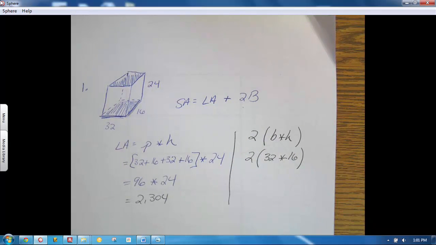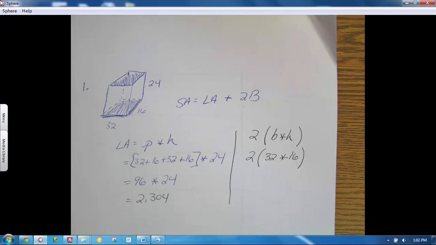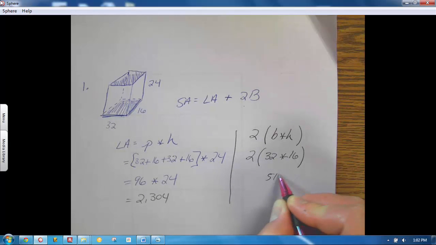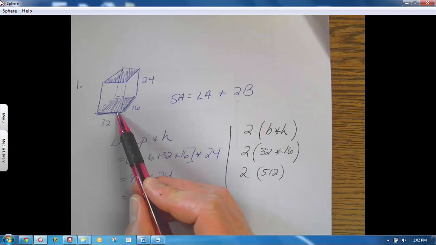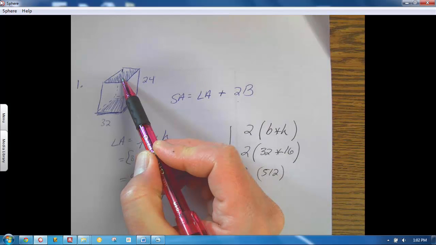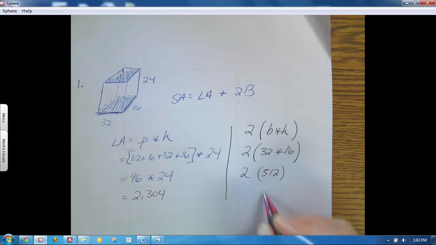And when we multiply all that together, 32 times 16, that gets us 512 on the inside. And the reason we multiply this by 2 is because we've got two bases, one on the bottom and one on the top. So 2 times 512 is 1,024.